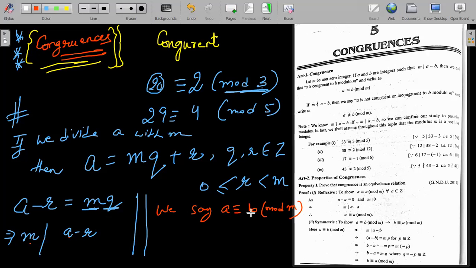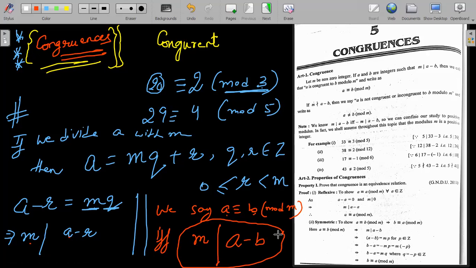Otherwise this b is nothing but the remainder, so b here is nothing but r. So a is congruent to b mod m if and only if m divides a minus b. So either you say that a gives the remainder b when divided by m, or you say that m divides a minus b. That is the definition of congruences. Is it clear?